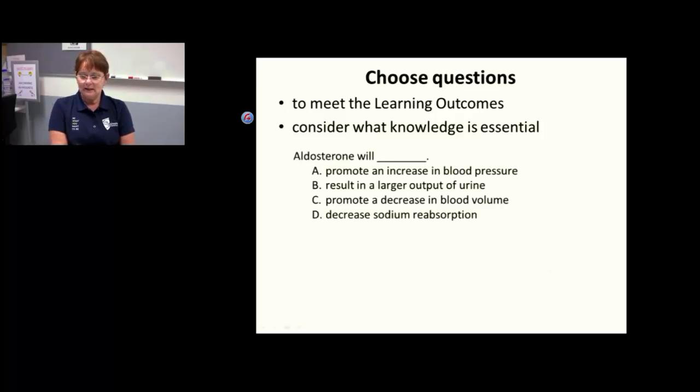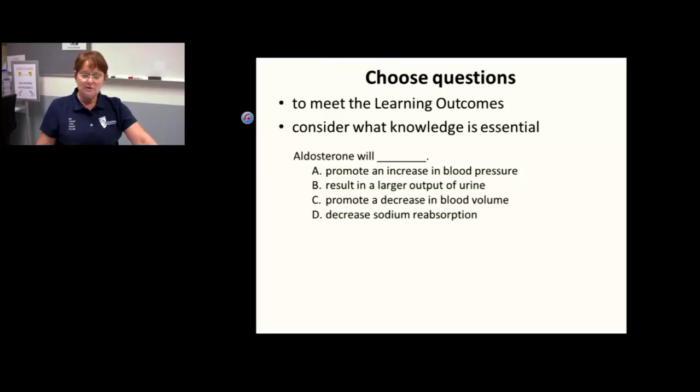So if we had a multiple choice question that said aldosterone will promote an increase in blood pressure, result in a larger output of urine, promote a decrease in blood volume, or increase sodium reabsorption. Now, aldosterone does do a lot of things, but it only does one up there. It promotes an increase in blood pressure. It actually increases the reabsorption of sodium rather than decreases it, and it promotes thirst and encourages decreased urine output, all of those things.